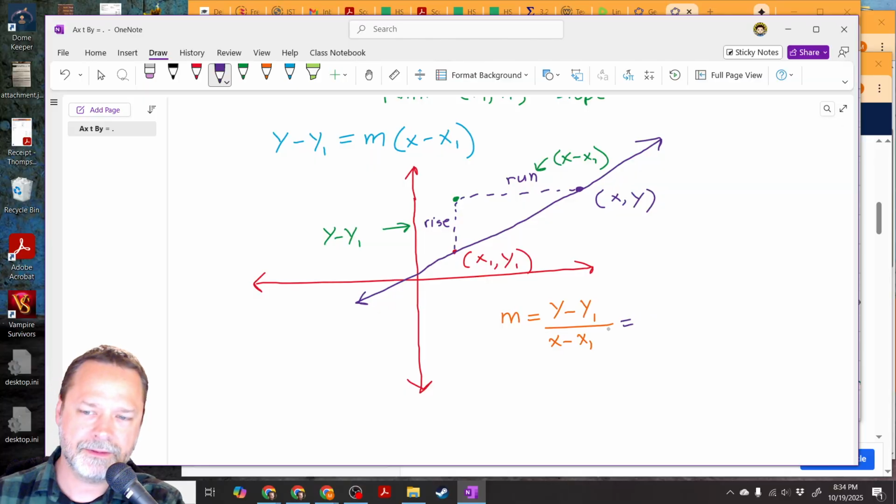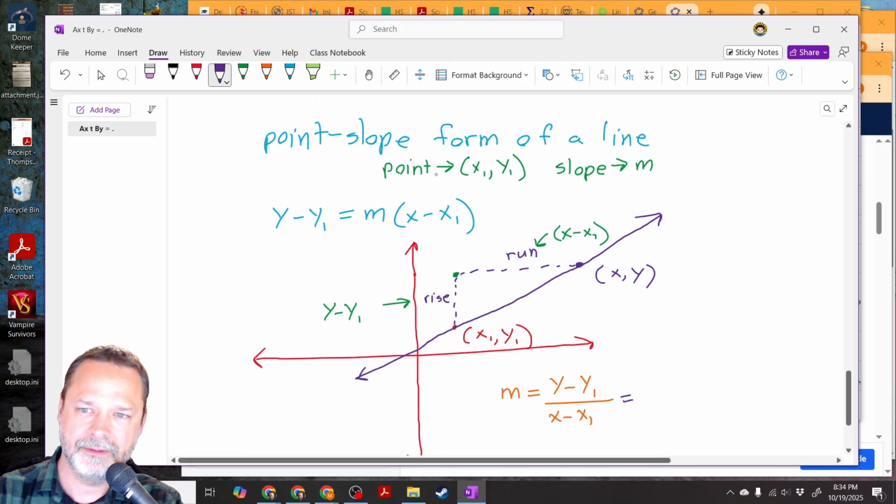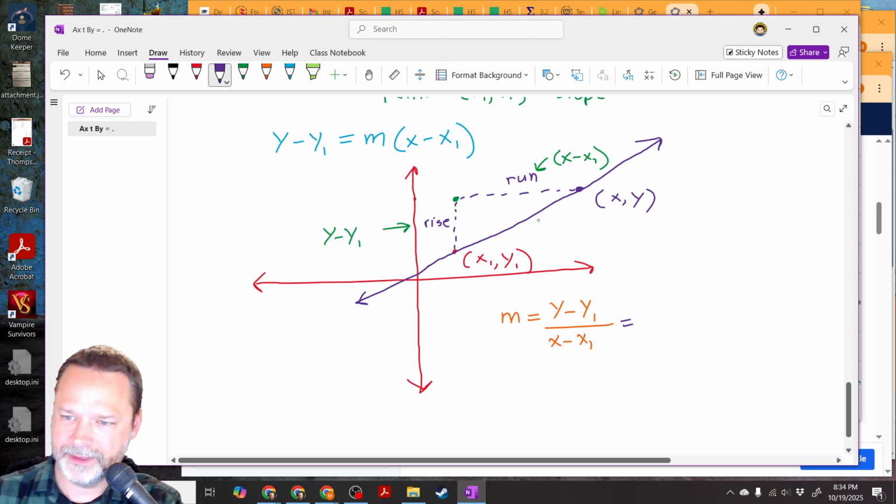So again, I can solve this. What do I want? I want to get y minus y1 by itself. This is my point slope form right here. Yes, that's my point slope form of a line.